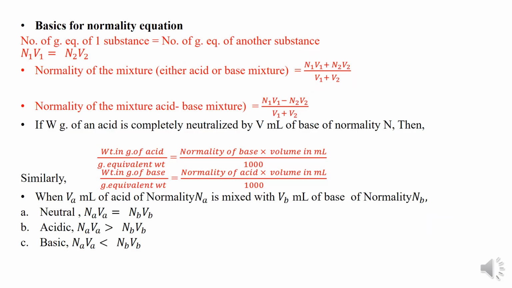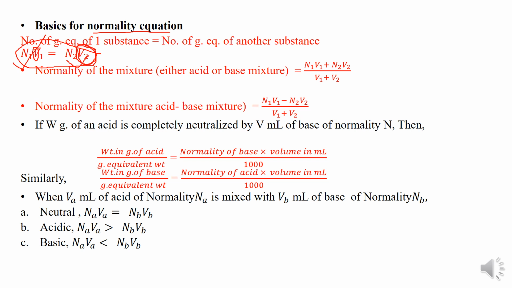Basics of the normality equation, right? What are the basics of the normality equation? This is known as the normality equation: N1V1 is equal to N2V2. If volume is kept in liters, then N1V1 is the number of gram equivalents of acid or base, and N2V2 is the number of gram equivalents of the other, acid or base, right? This V is the volume in liters.